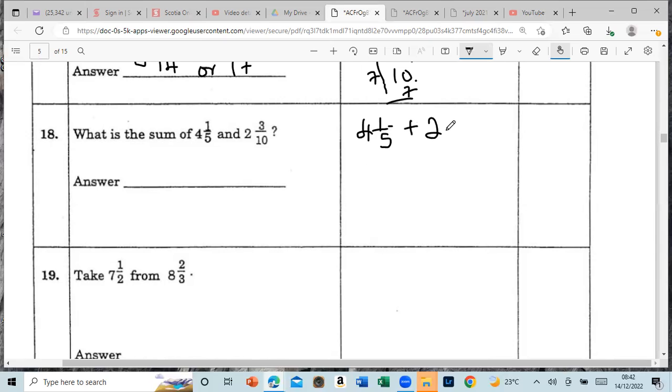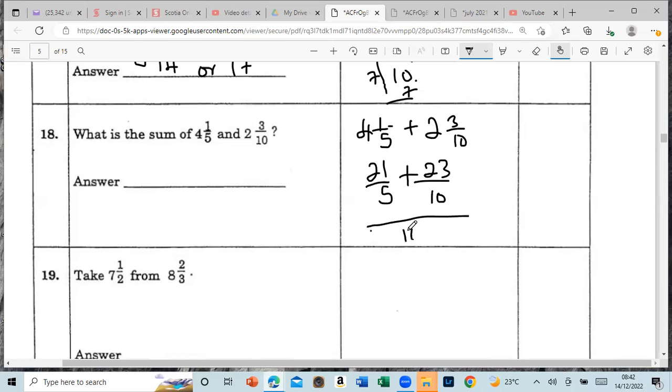So 4 times 5, which is 20, plus 1, 21 over 5, plus 2 times 10, that's 20, plus 3, that's 23 over 10. This is the hardest way though. We could just add the two whole numbers, 4 plus 2, and then add 1/5 and 3/10. I want to do it this way. Most of my students like the long way.